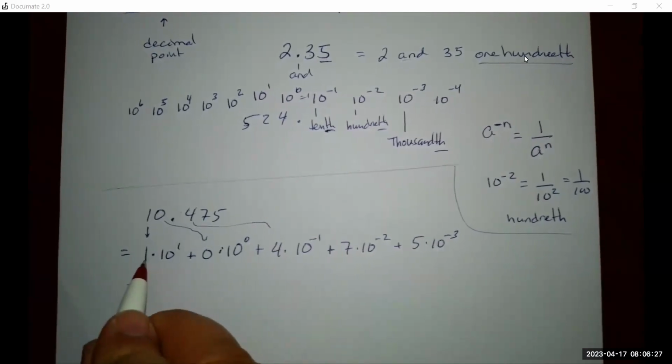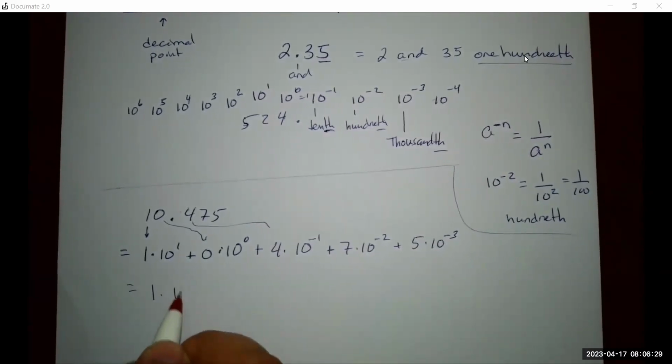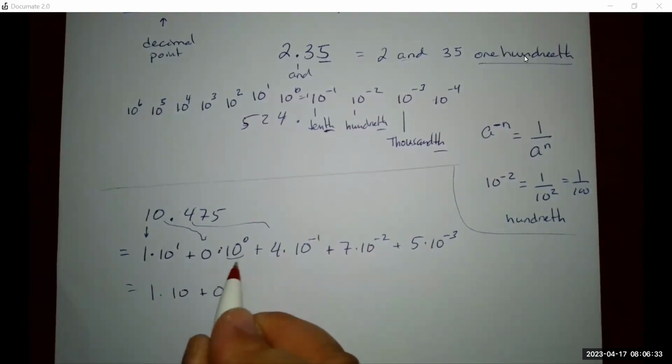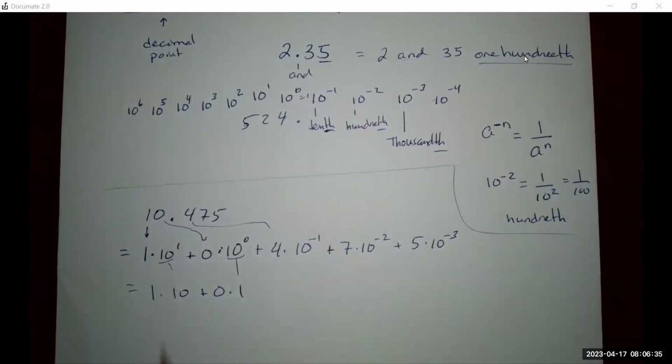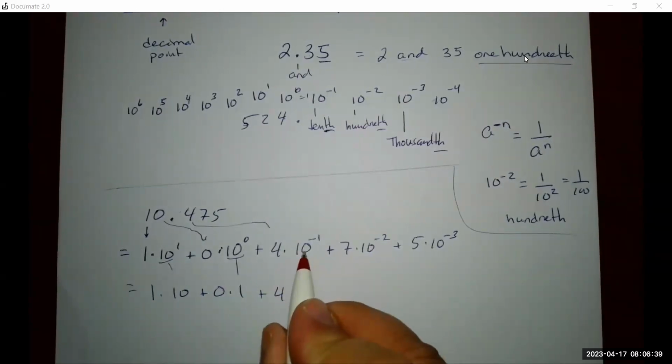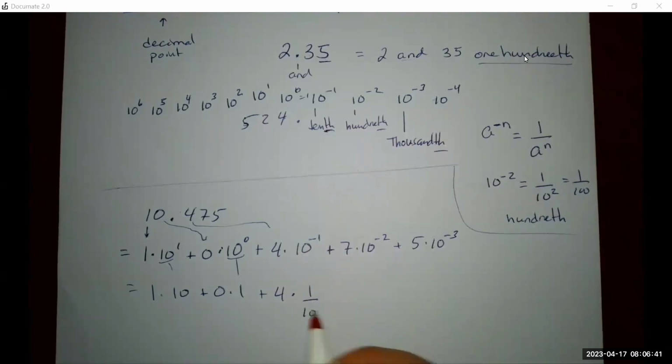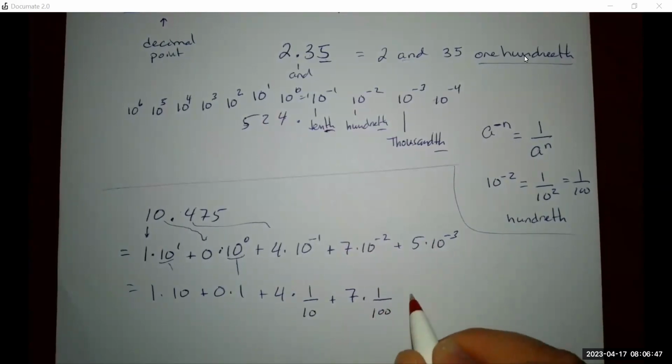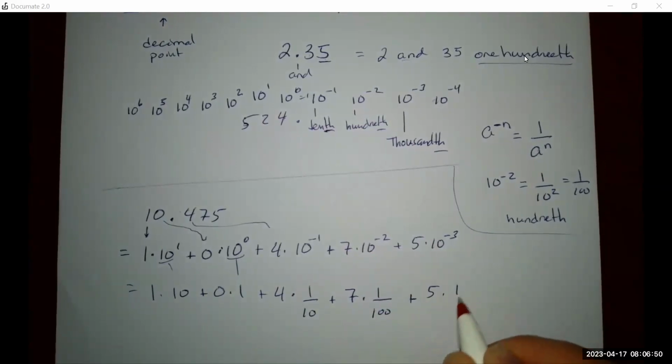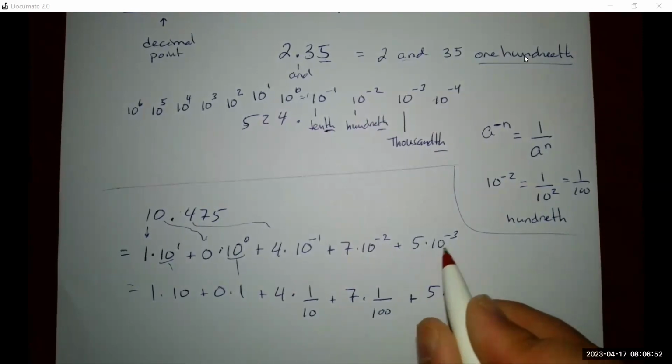So what this number looks like is 1 times 10, 0 times 1. I'm just converting these to numbers. 10 to the negative first is 1 over 10. 10 to the negative 2 is 1 over 100. This one's 1 over 1,000.